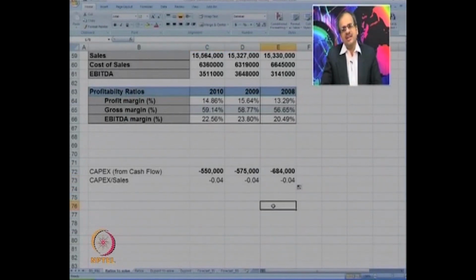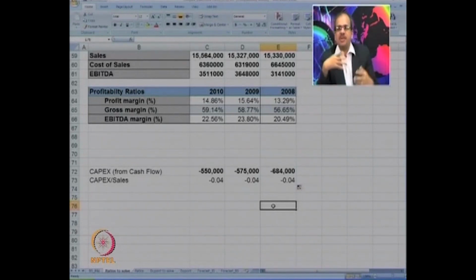So, in all the years it is very low, it is minus 0.04. Now, what does it convey to you? What you will understand from this is, if the ratio is high, it will mean that the company is spending a lot of money on capital expenditure, which is good for the future of the company, because it is likely to give higher capacity.